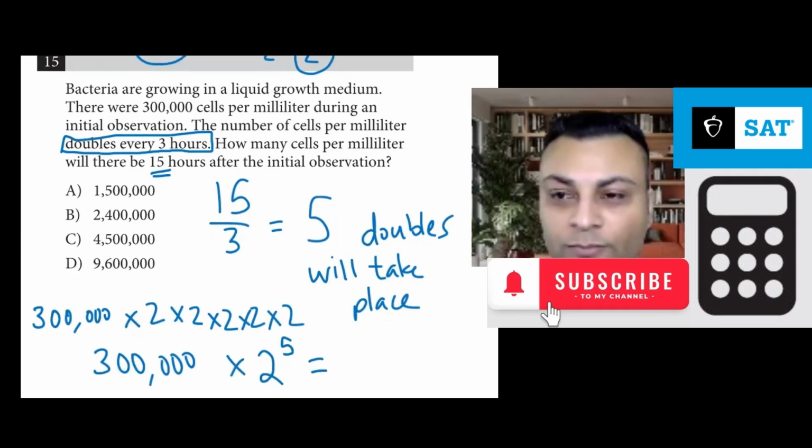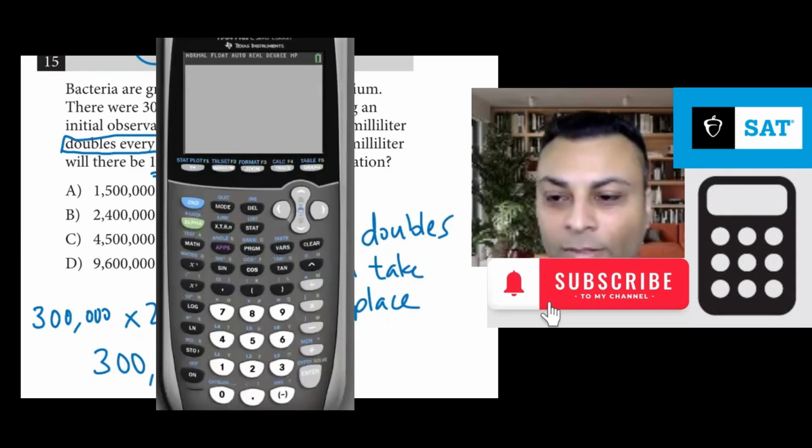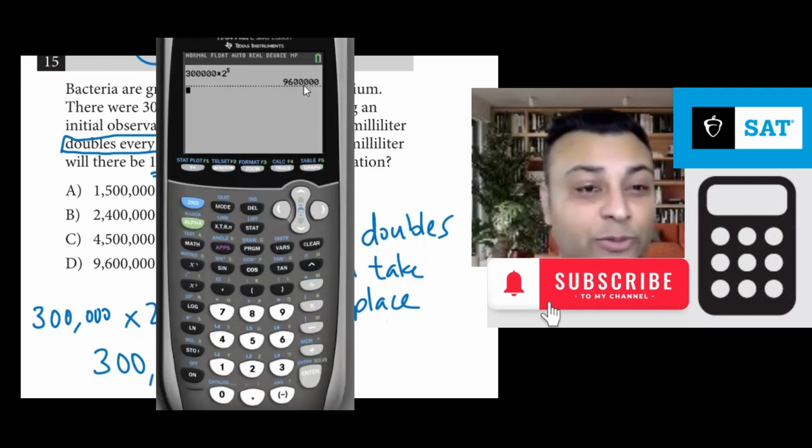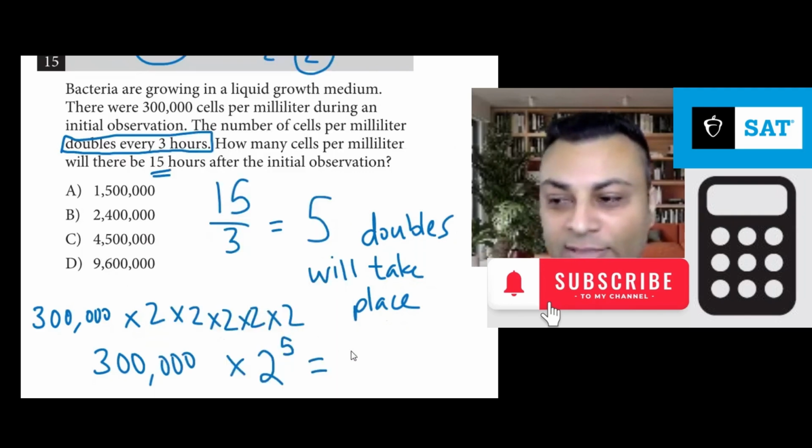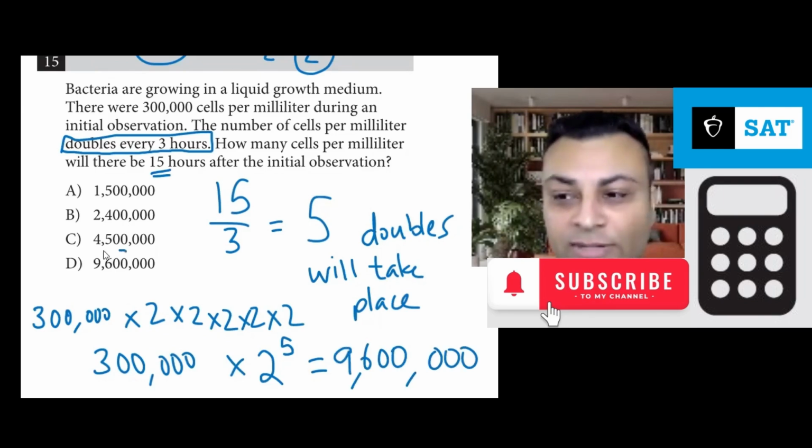Here we go. 300,000 times 2 to the 5th. And you get this number, which is 9.6 million. So the answer is option D. Let me write that down. 9.6 million. The answer is D.